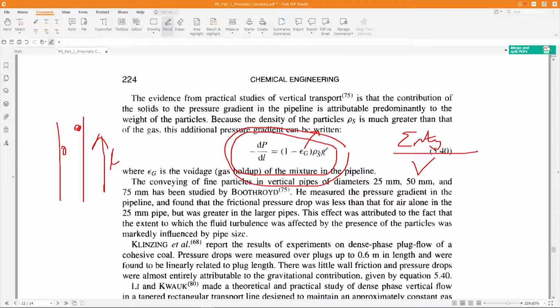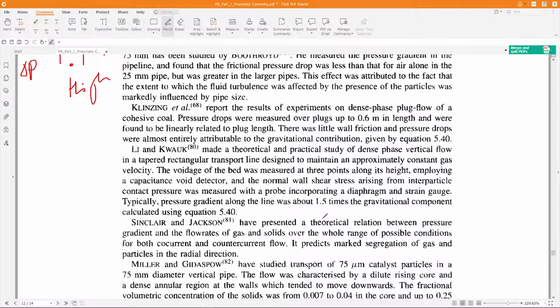Rho s is the density of solid, and g is gravity. So why is this pressure gradient negative? Because at this point we have higher pressure, that's why the air is moving, and here we have low pressure. So if you take the change in pressure, this minus this, to make it positive, it is given a minus sign.